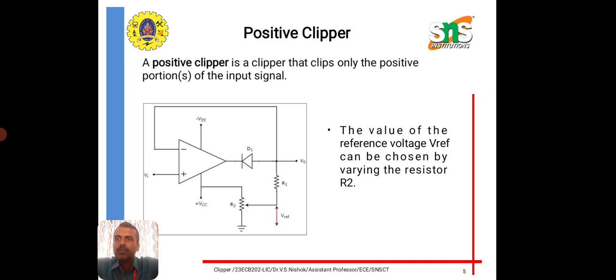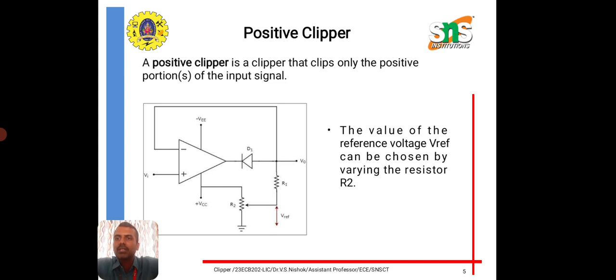We need a small recall of precision diodes, which differ from normal diodes. The functioning of precision diodes starts even before the cut-in voltage. That is the main advantage of using precision diodes, which improves the accuracy and efficiency of the circuit.